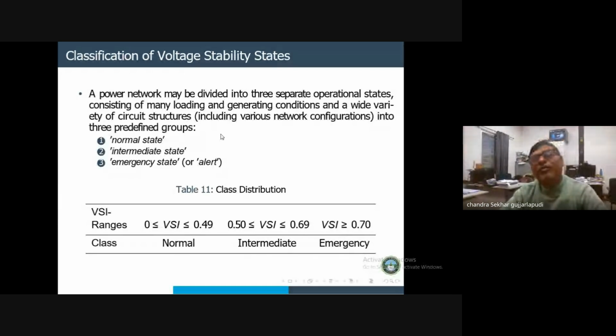Now, you may think that this kind of approach is very essential for power engineers who are operating the system. Suppose if you want to have some kind of alarming situation, he has to consider that intermediate state. By that time only he has to take corrective action. And he has to give an emergency alarm when the VSI value reaches 0.70.